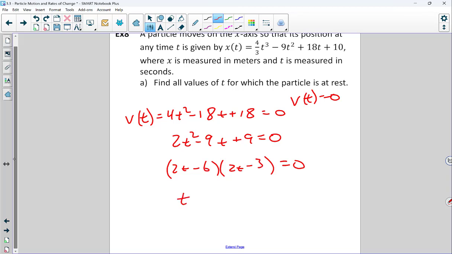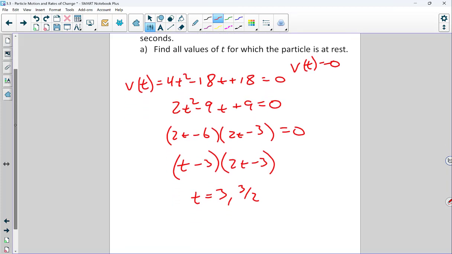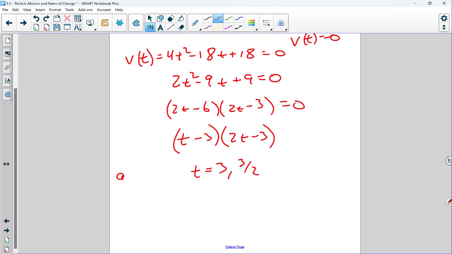So this would be t minus 3 and 2t minus 3. So t equals 3 and 3/2. So the question was find all values of t where the particle is at rest. So at rest, at t equals 3 and 3/2.